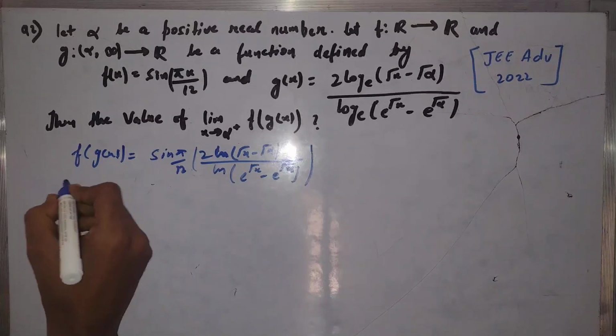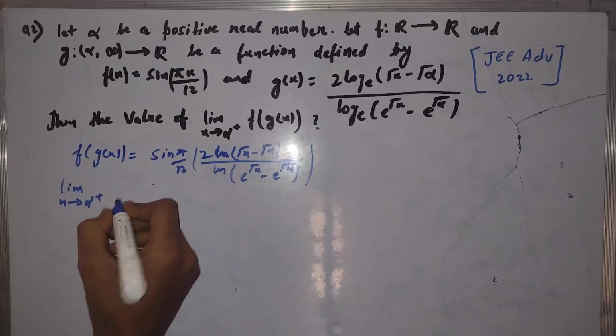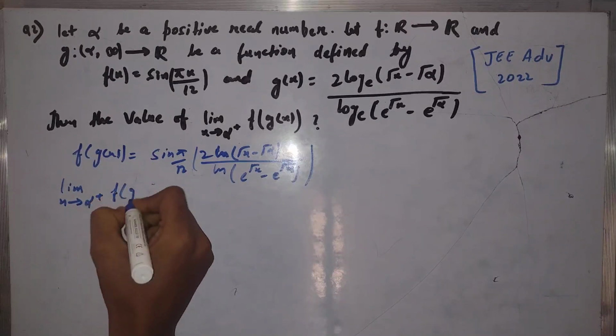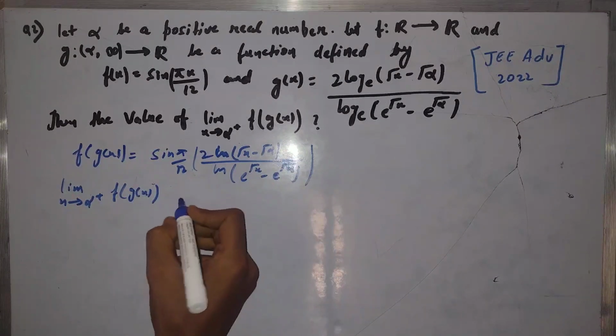Then we have to find the limit of f of g(x) as x tends to α positive. Because this is a continuous function, we can take the limit inside.